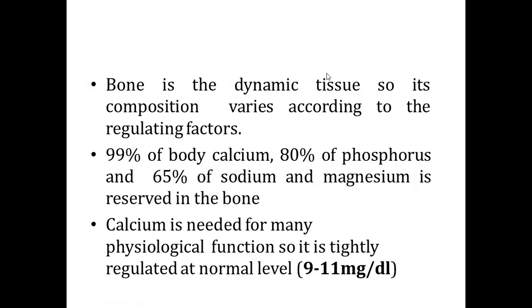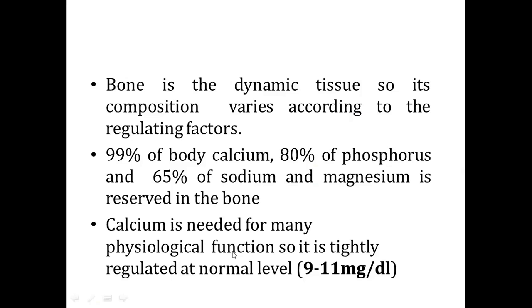And bone is a dynamic tissue, so its composition varies according to regulating factors. 99% of the body calcium, 80% of phosphorus, and 65% of sodium and magnesium is reserved in the bone. Calcium is needed for many physiological functions, so it is tightly regulated at a normal level of 9 to 11 milligram per deciliter.